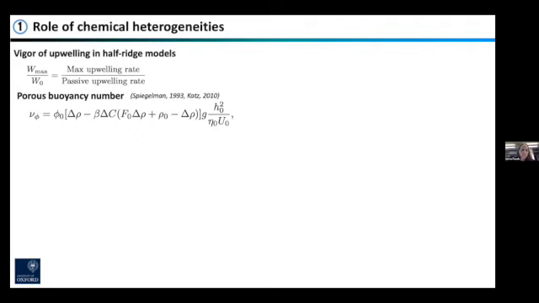The second dimensionless number is the porous buoyancy number, which was first derived by Spiegelman in 1993, and I've extended it to include compositional and thermal buoyancy. So, for example, the compositional term is this one over here, which makes it quite a long expression.